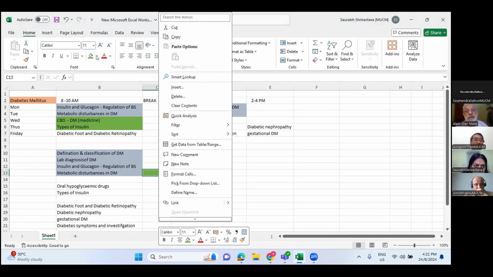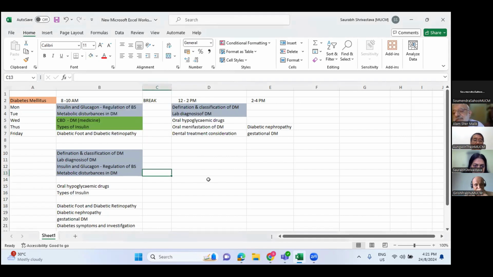Anybody want to comment on that? Yeah, as far as the concept, I think that clearly tells that we are integrating different disciplines here. It's even showing the vertical integration, where the clinical signs and symptoms are covered, and then diabetic nephropathy and gestational diabetes.